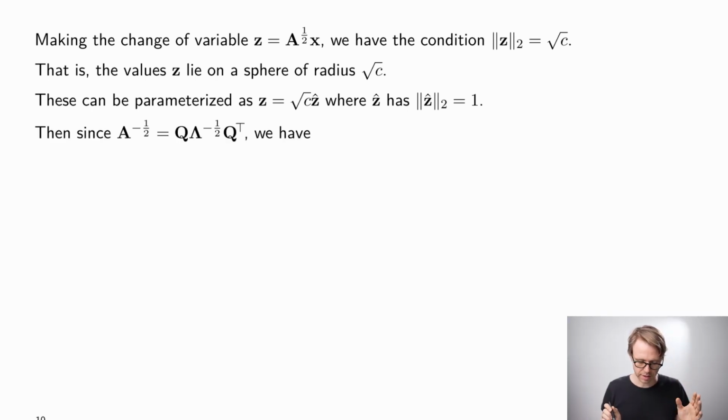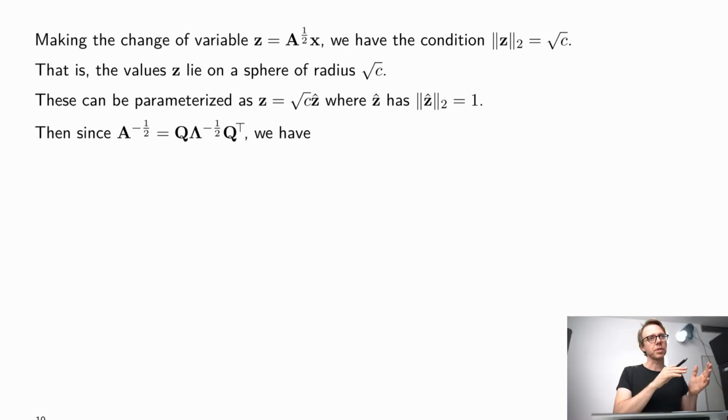Then, the inverse of the square root of the matrix A, so A to the power of minus 1/2, equals, again using the spectral decomposition and taking powers of lambda, Q times lambda to the minus 1/2 times Q transpose.